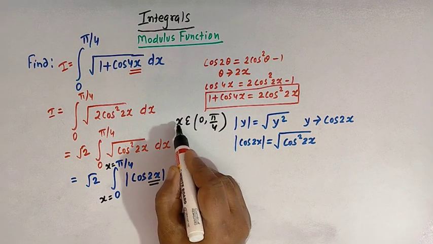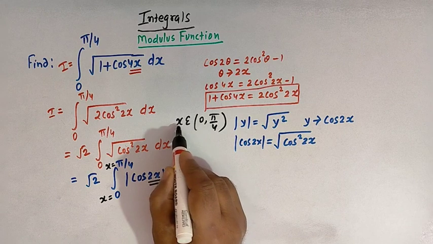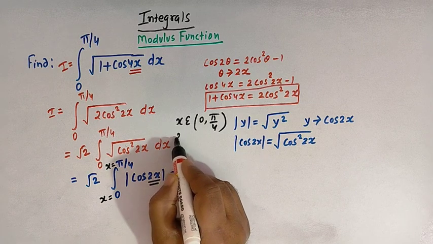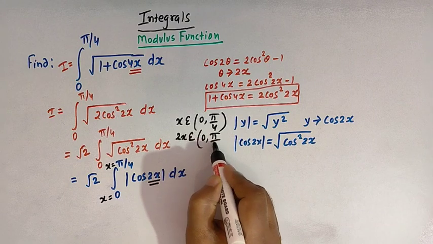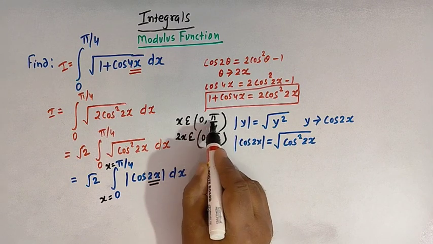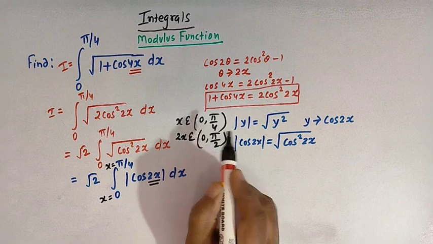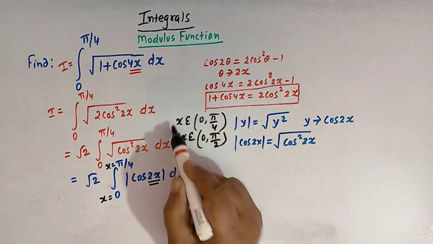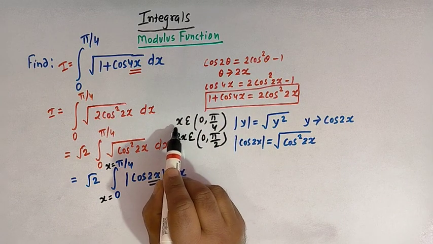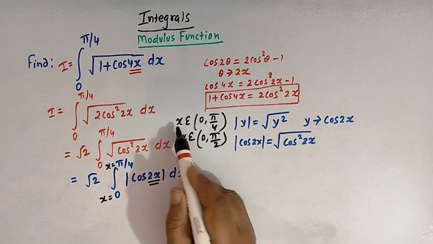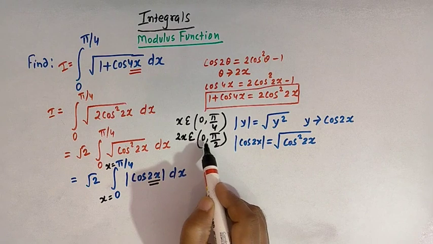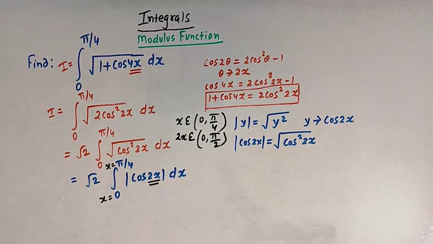If we take the interval for 2x, then 2x belongs to 0 to pi by 2, because we have multiplied 0 and pi by 4 by 2. So when x belongs to 0 to pi by 4, then 2x, that is twice of x, belongs to the interval 0 to pi by 2.